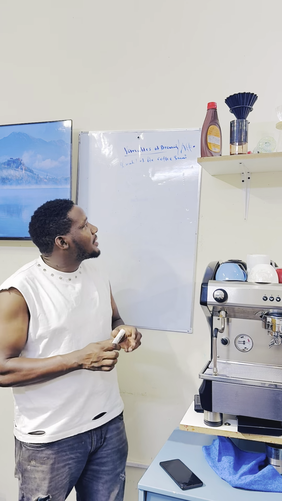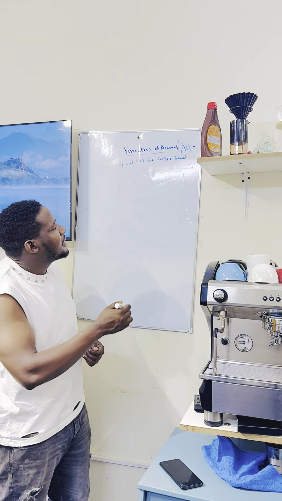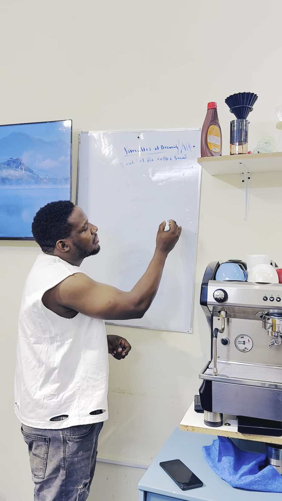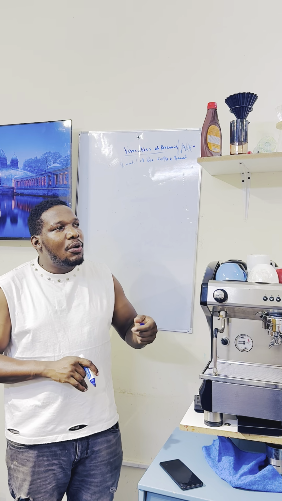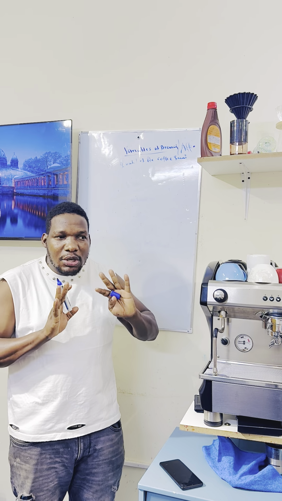Now, as I said earlier, for the beans to become specialty, they need to first go into grading according to size, grading according to defect, and then cupping. When the beans score 80 to 100, they would definitely be regarded as specialty.